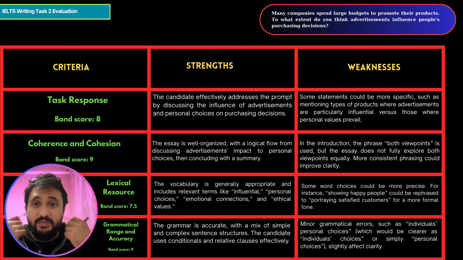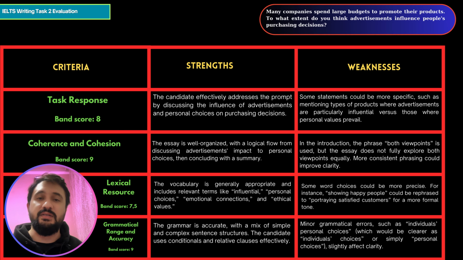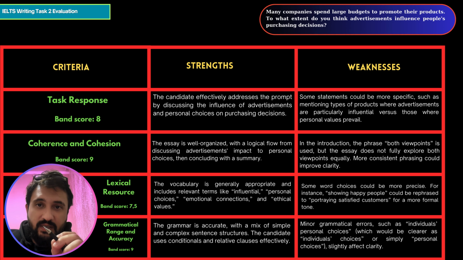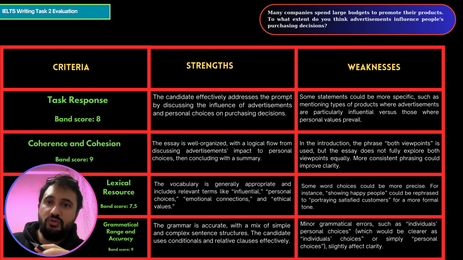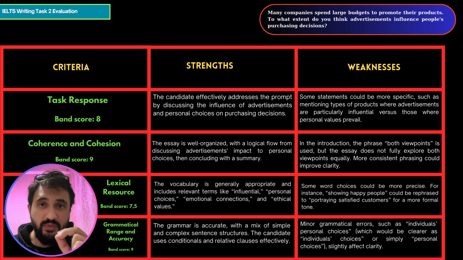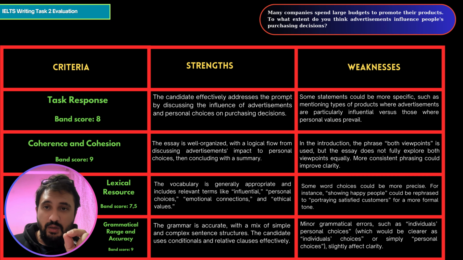First of all, task response. The candidate effectively addresses the task by discussing the influence of advertisements and personal choices on purchasing decisions. The essay presents a clear stance with well developed arguments supporting the idea that personal choices are more influential. But we have some weaknesses here.